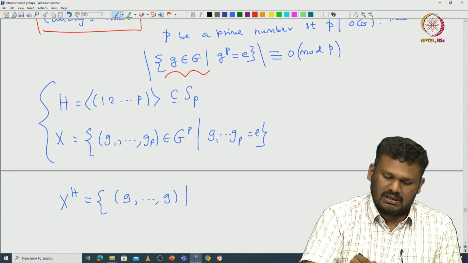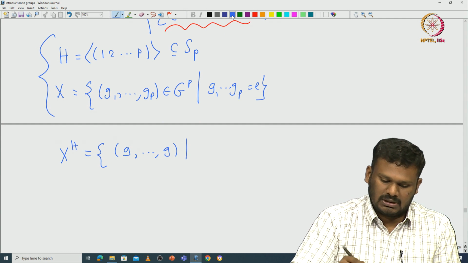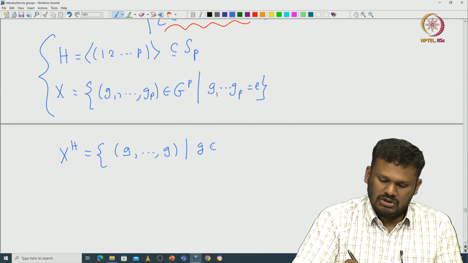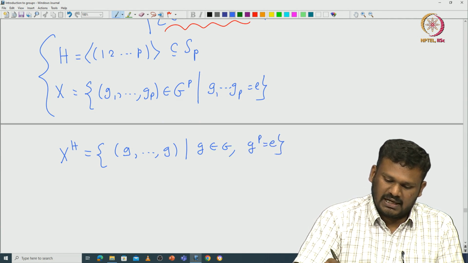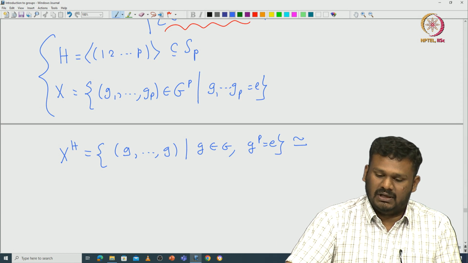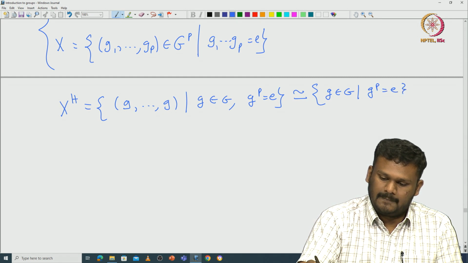So, X^H is nothing but those tuples (g, ..., g), P times, such that g is in G and g^P is identity. This can be naturally identified with the set of those g in G such that g^P is identity.